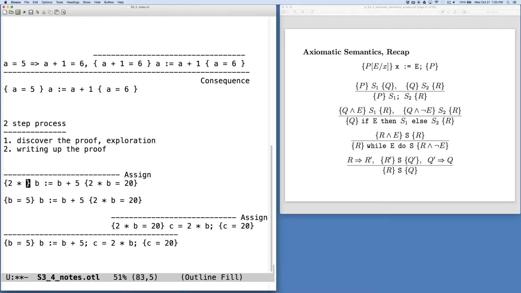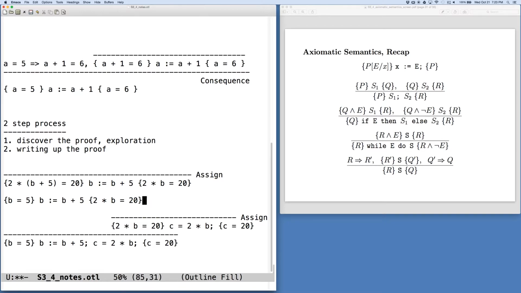So we get 2 times (b plus 5). Note we have to wrap this in parentheses. So this is more of a structural replacement as opposed to some textual replacement where we just paste the characters in. Right? So the structure here must be maintained. And so we add the parentheses to make that clear. All right, and so this is what we get with the axiom of assignment for our first assignment with the post condition that we generated from the second application.